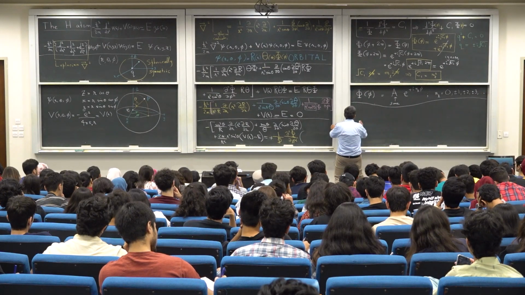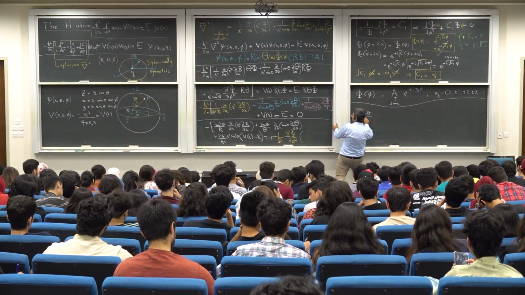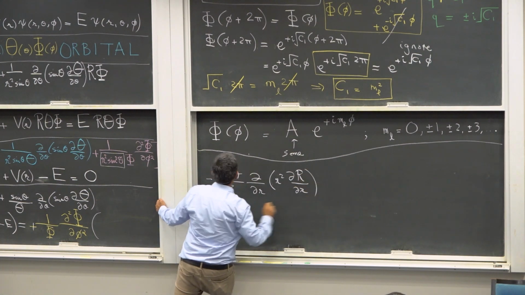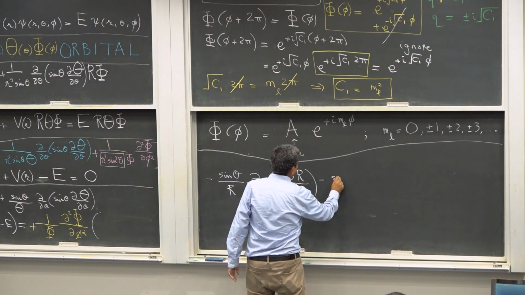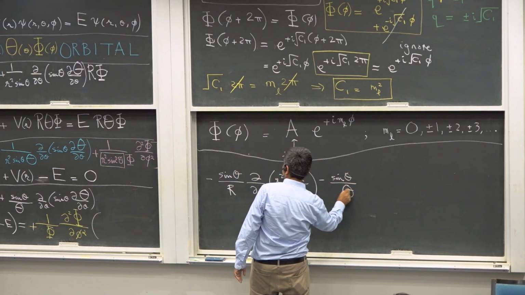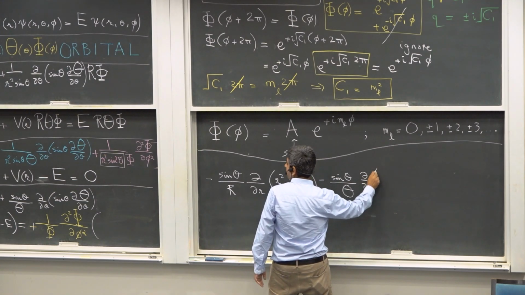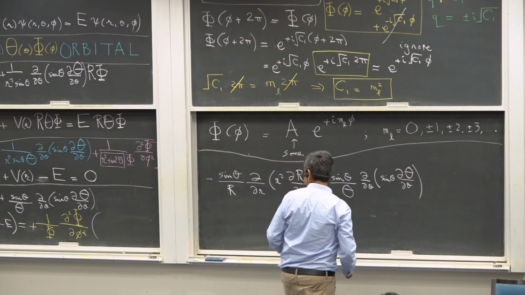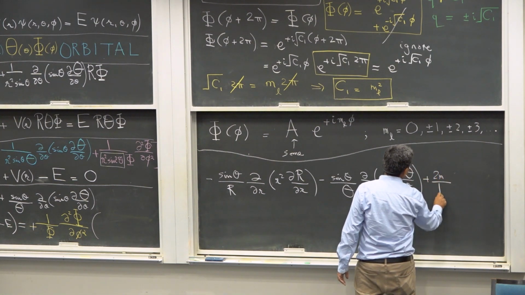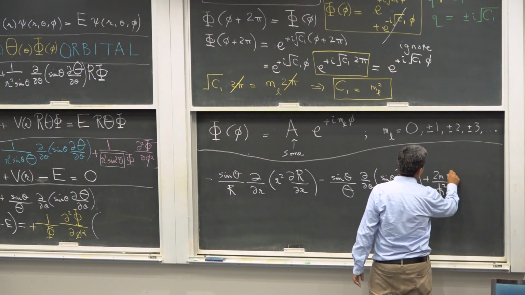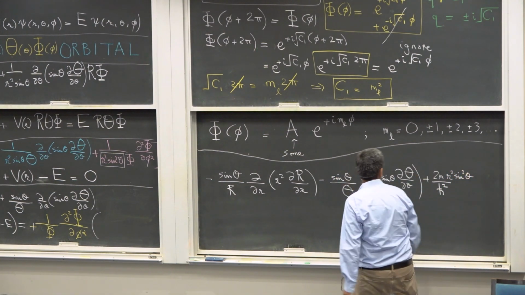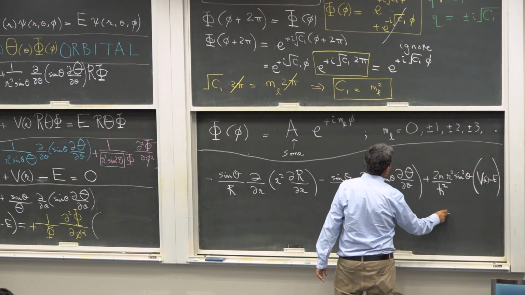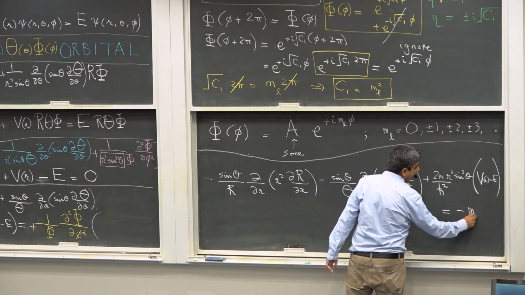So what I do now is minus sine theta over r square, minus sine theta over capital theta, sine theta big theta small theta, plus 2m over h bar square r square sine square theta (V(r) minus E) equals minus ml square.